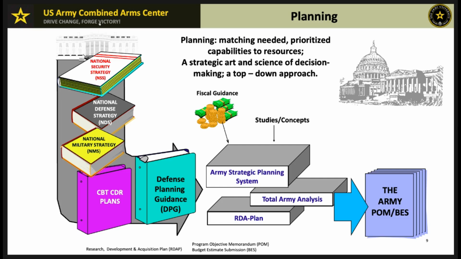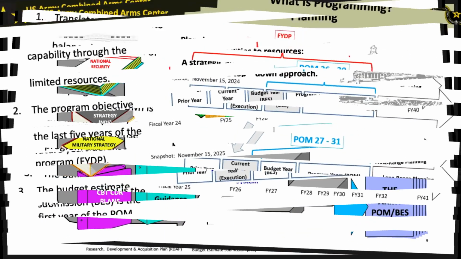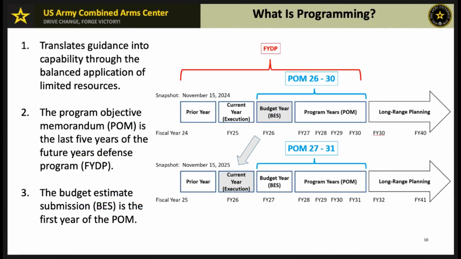You've seen this slide before. Now we want to view these planning inputs as key influencers in the development of the Army's program. Programming is the process of translating guidance and objectives into actions that allocate resources effectively to produce combat capability.